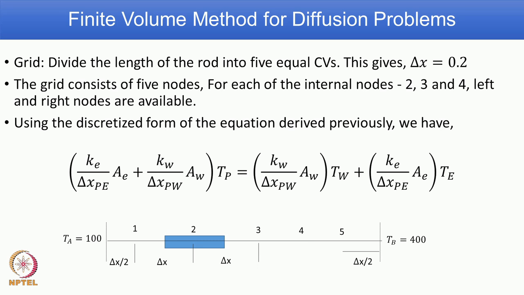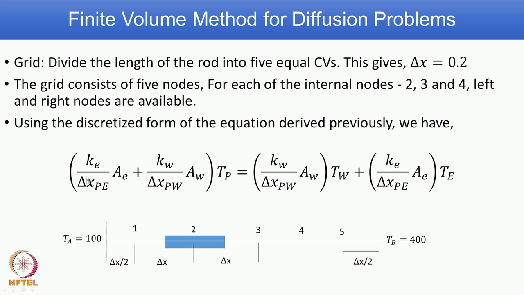We have the discretized form of the governing equation as previously derived, and in this case there is no source term, so that particular term is not there. Again in this case k, that is a coefficient, is constant and delta x is also the same value. We also identify that the terms in the coefficient for T p are the same as the coefficients for T w and T e.